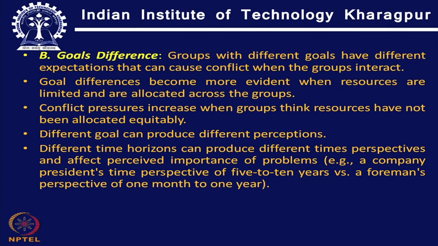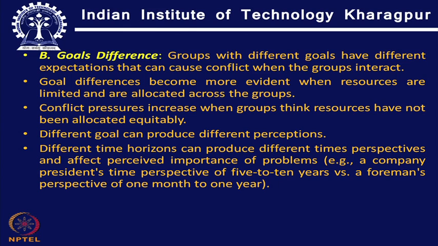In goal differences, what happens is it occurs when two different goals have to be reached by the two groups, and they cause conflict when the groups interact.